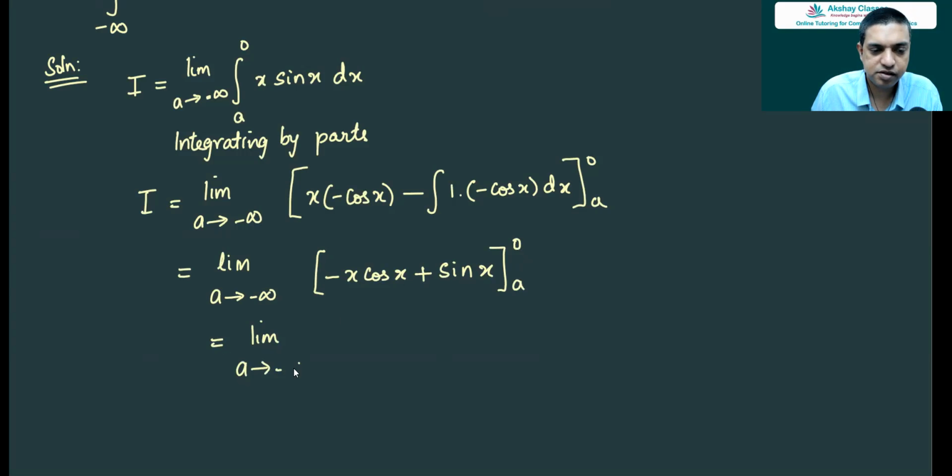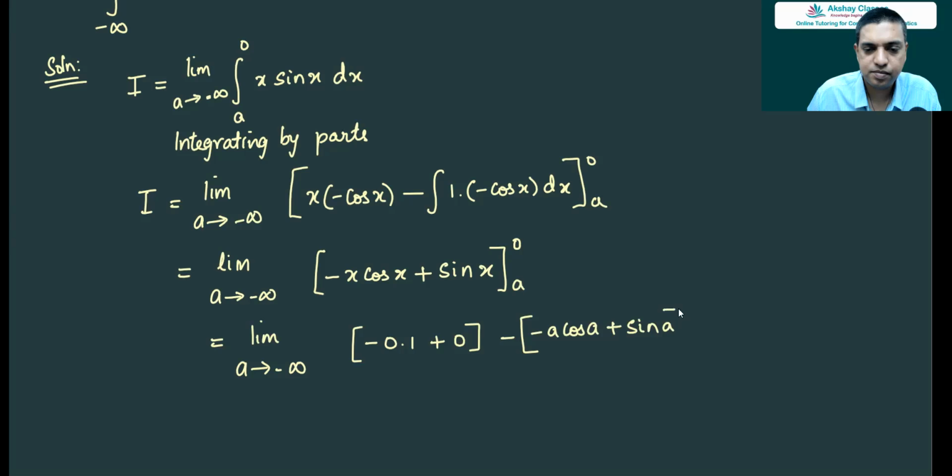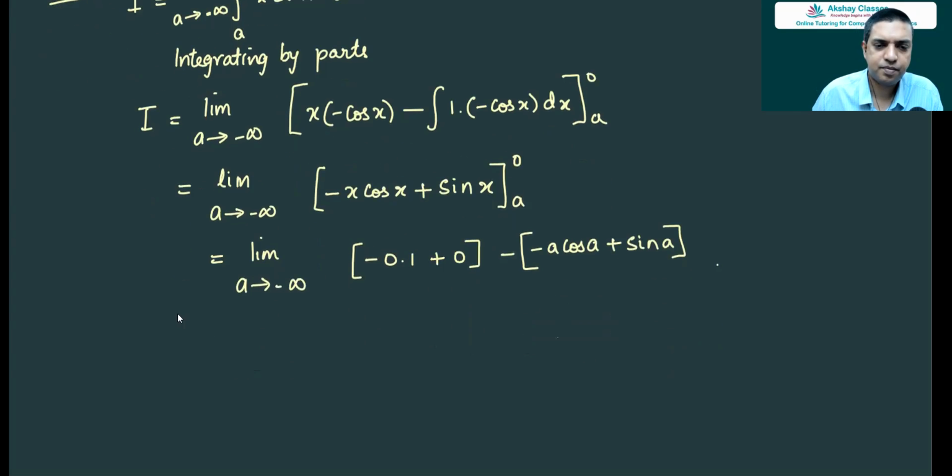Substitute 0, we get minus 0 into cos 0, cos 0 is 1, plus sin 0, minus, minus a cos a plus sin a. So what we get now is limit a tends to minus infinity of a cos a minus sin a.